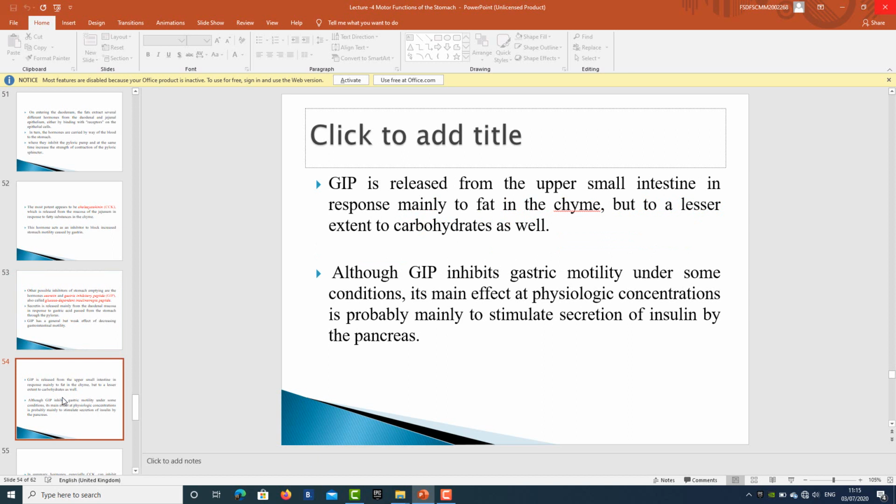GIP is released from the upper small intestine in response mainly to fat in the chyme, but to a lesser extent to carbohydrates as well. Although GIP inhibits gastric motility under some conditions, its main effect at physiological concentrations is probably to stimulate the secretion of insulin by the pancreas.